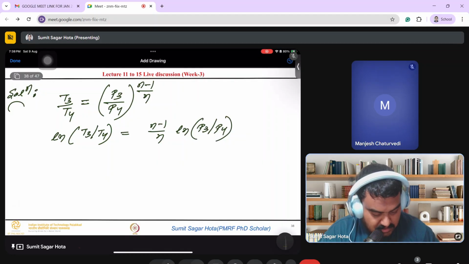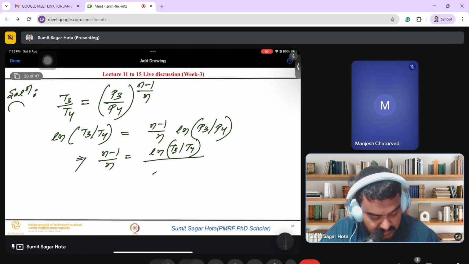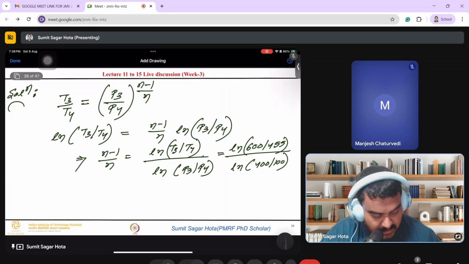So n minus 1 by n is equal to ln T3 by T4 divided by ln P3 by P4, which is ln 600 by 455 divided by ln 400 by 100.